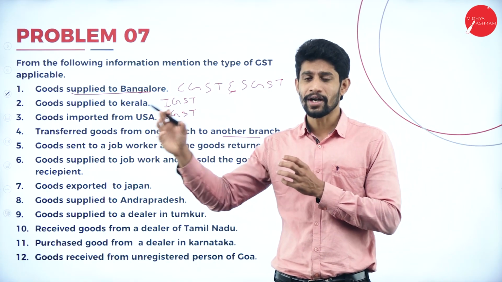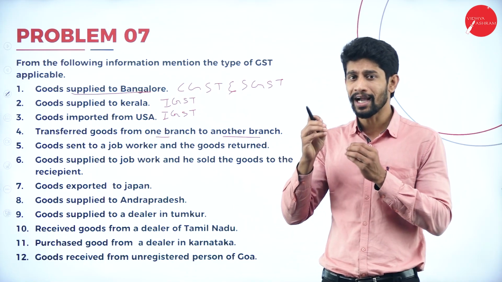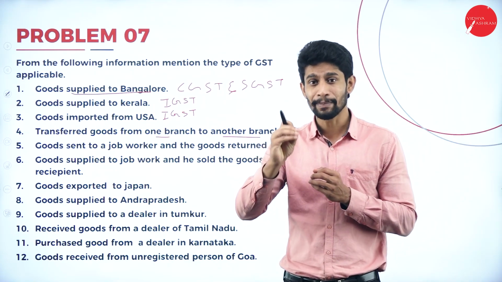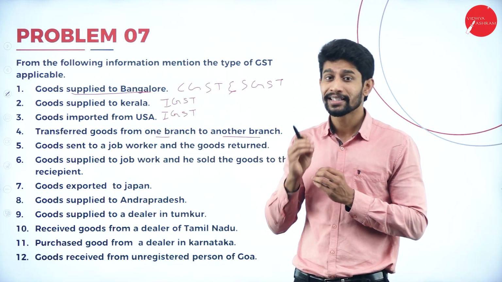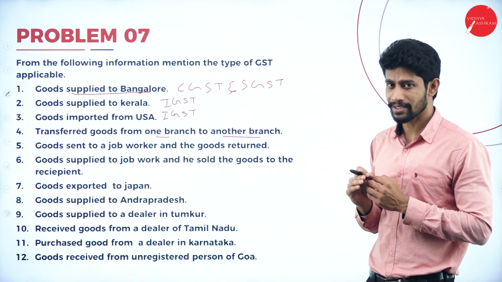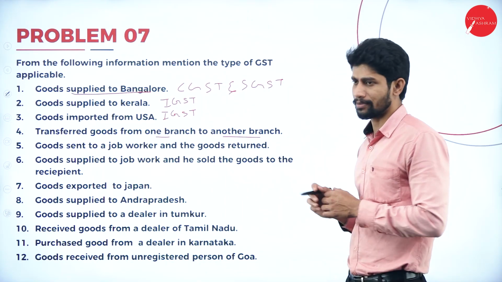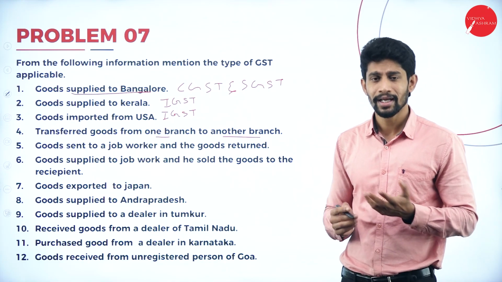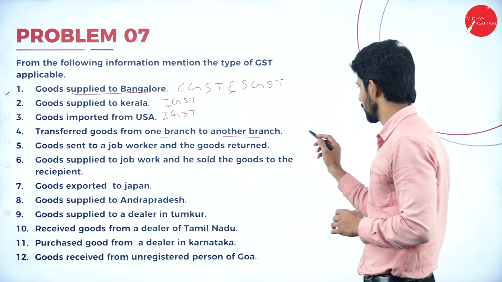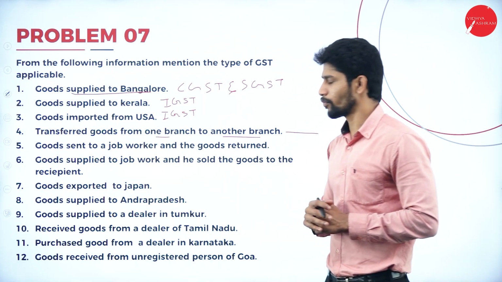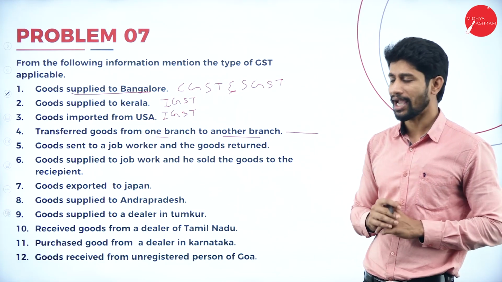So sales is not happening. We will be levying GST only if the supply is made, but here the supply is not happening. He is just transferring the goods from one branch to another branch. So what tax is applicable? Actually, no tax is applicable. For point number 4, that is for transfer of goods from one branch to another branch, there is no tax.